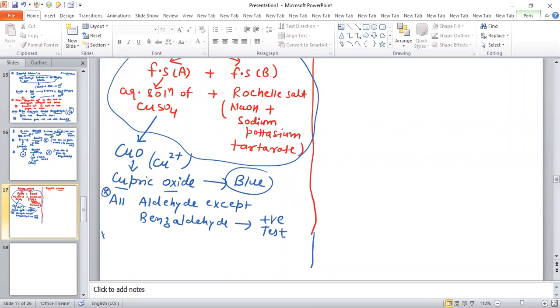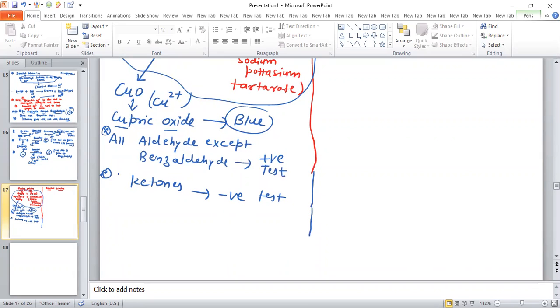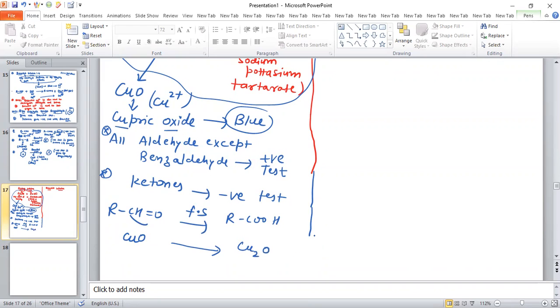And we know ketones give a negative test. After the test, if there is RCHO and we add Fehling solution, it will oxidize into carboxylic acid, and the cupric oxide, having +2 oxidation state, will change into cuprous oxide, which is +1 oxidation state.